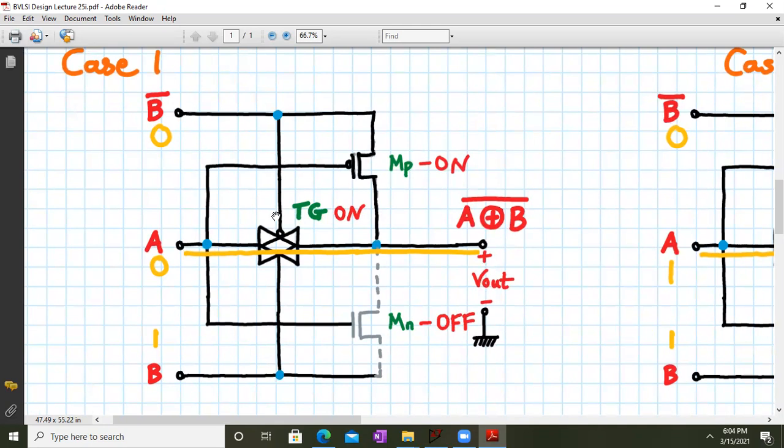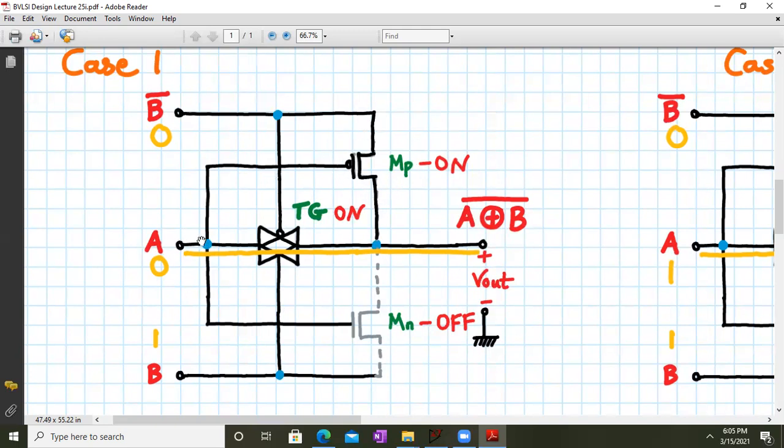Now this logic 0 has been applied to the top of the transmission gate, and at the bottom we have logic 1. So in this case, your transmission gate will be on. Also, since logic 0 is applied to the gate terminal of your PMOS transistor, it is also on.